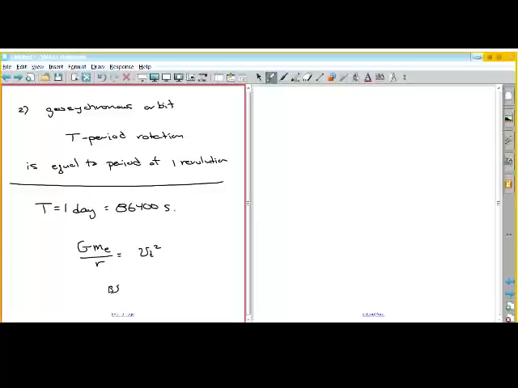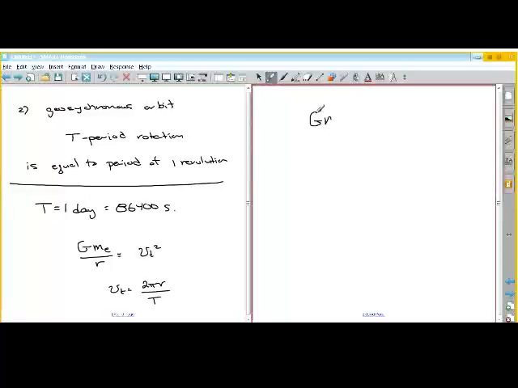So in this case, you've got that equation. You also have that the tangential velocity is equal to 2 pi r divided by the period. Okay, so for a geosynchronous orbit, I can plug that in there, and you'll have G times the mass of the Earth divided by the radius is equal to 2 pi r divided by the period, whole thing squared.